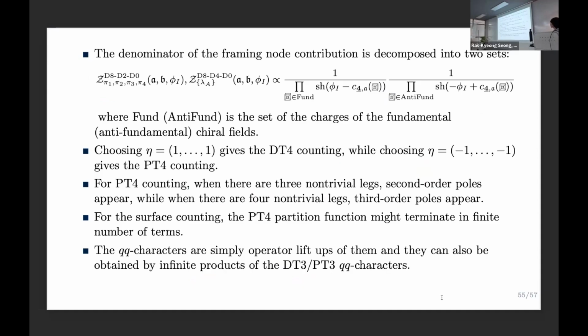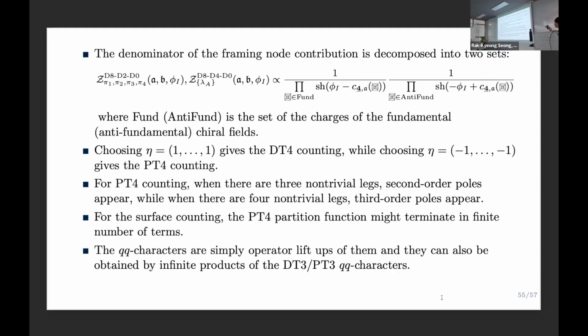PT4. And a phenomenon different from the threefold case is that, for example, if you focus on PT4 with four legs, when you have three non-trivial legs, second order poles will appear. But if you study four non-trivial legs, third order poles will appear.